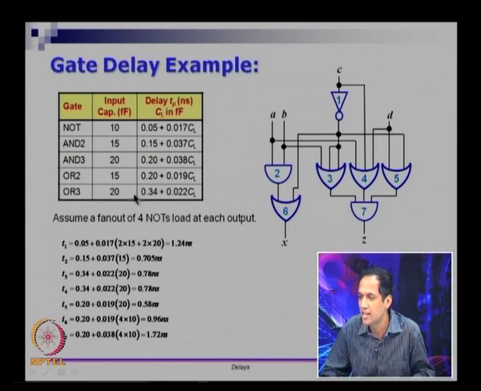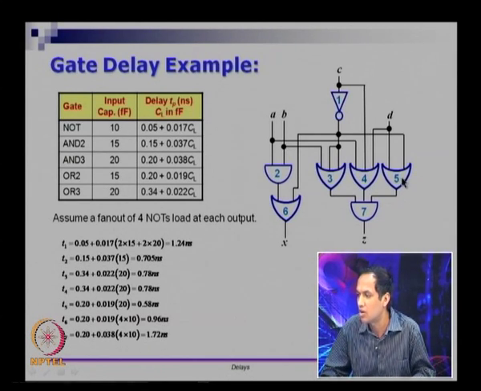Let us look at the 3 input OR gate. The 3 input OR gate offers a load of 20 femtofarads to its drivers. So you have 2 into 20 here because of that, and it is also going to gate number 6 and gate number 5. Gate number 6 will offer an input load capacitance of 15 femtofarads because OR gate 2 offers 15 femtofarads as input capacitance.